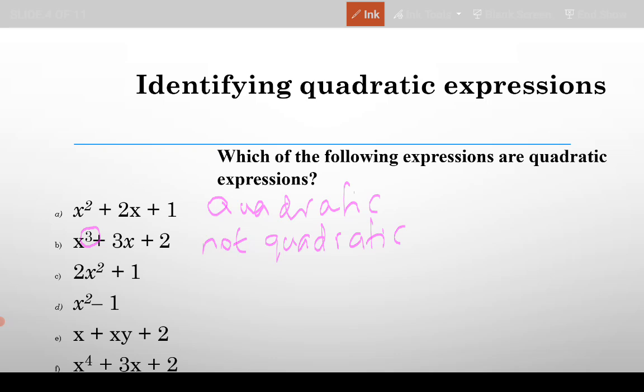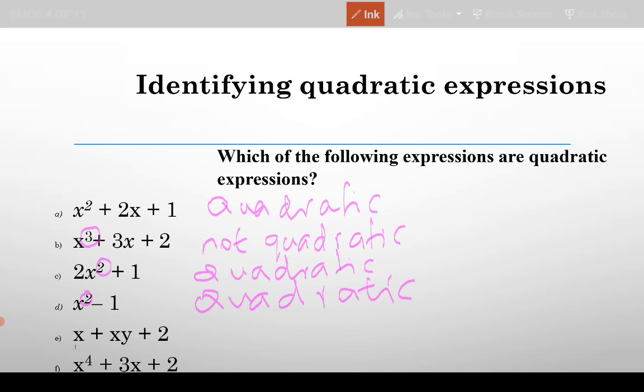The next one, the highest power is 2, therefore it is quadratic. What about here? The highest power is 2. It is also quadratic. So in a quadratic expression, the highest power should be 2.